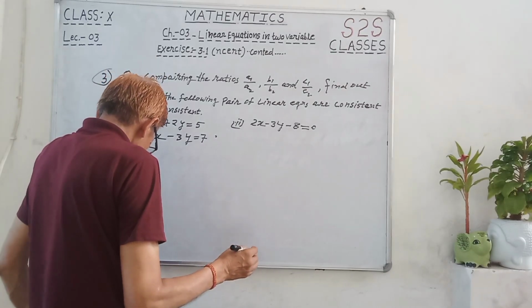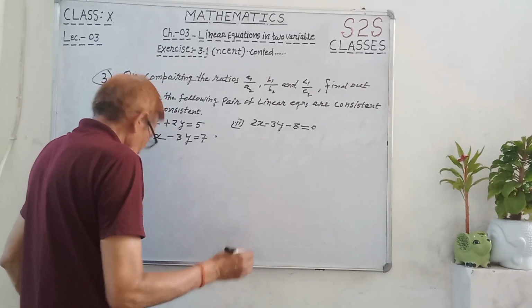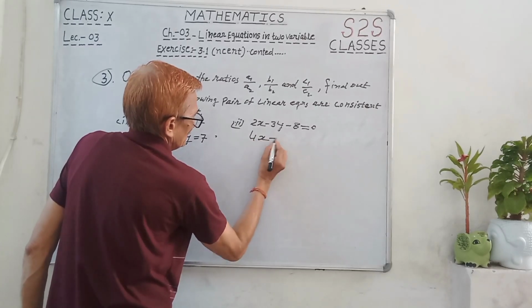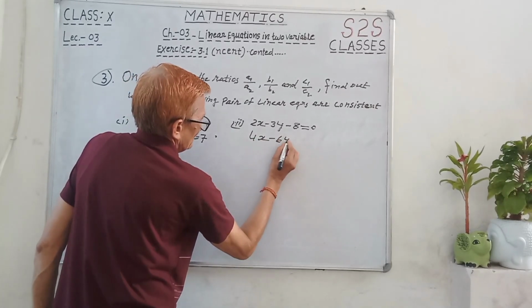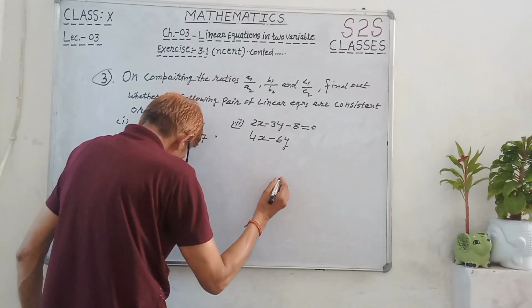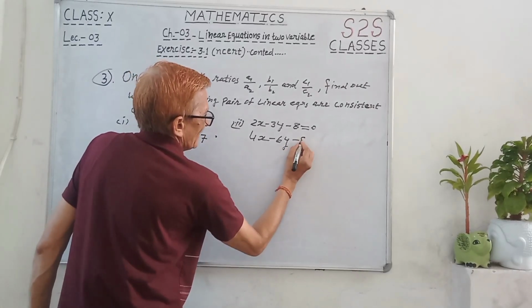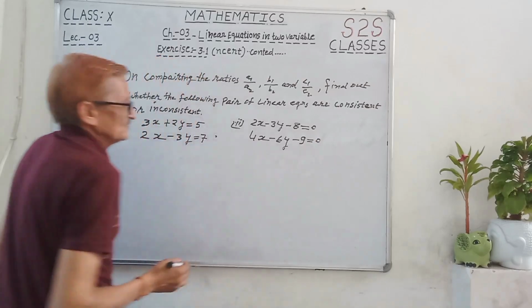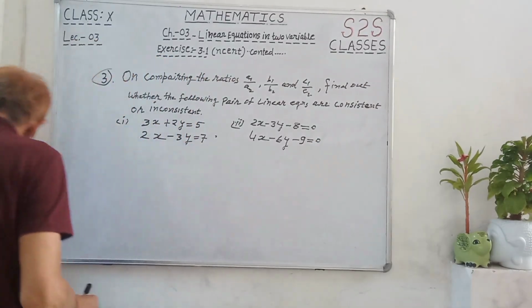And then the second equation, 4x minus 6y is equal to 9, so minus 9 equal 0. So these two parts we should solve first.